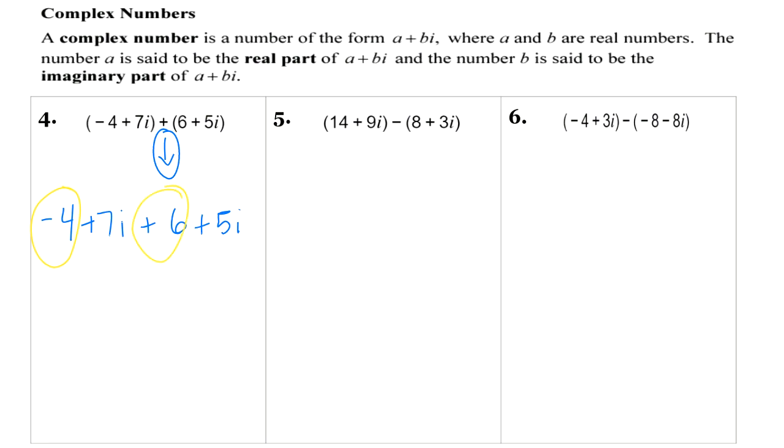I have a -4 and a +6. I get +2. And then the last, +7i plus 5i, I get +12i.